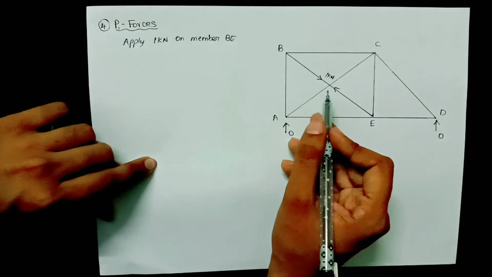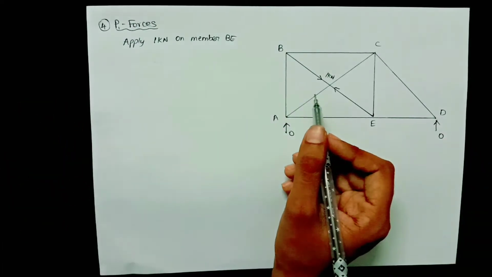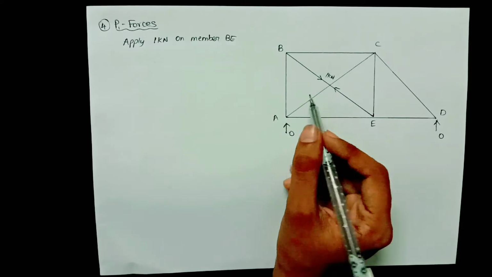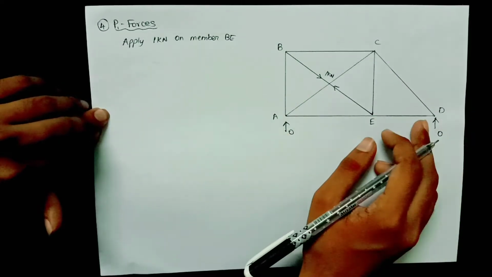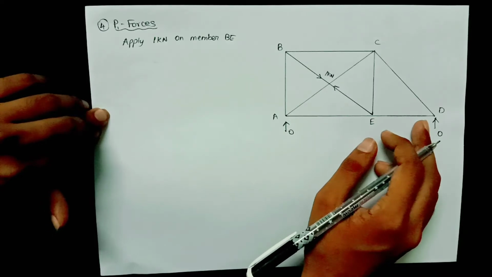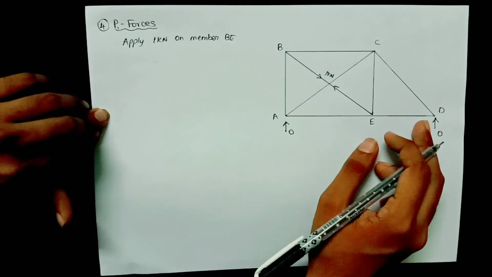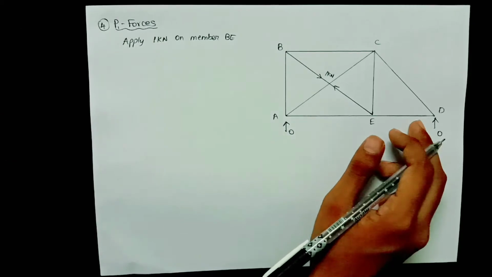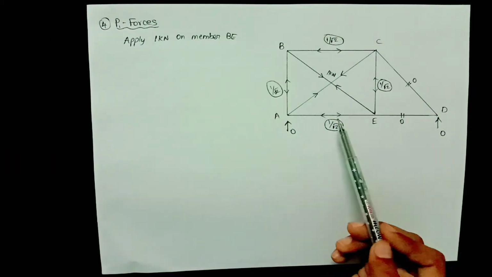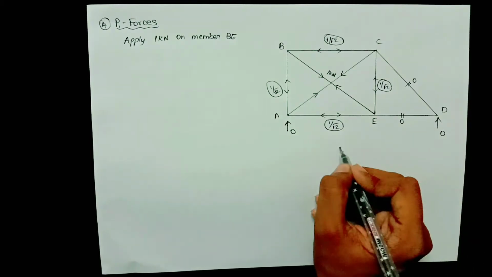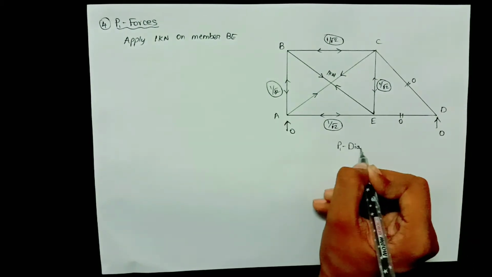Now, as in the third step where we performed the method of joints and calculated the forces in all the members, in a similar manner, starting from joint D, go to each joint, resolve the members in vertical and horizontal directions and find out the values. After analyzing at each joint, these are the forces I have obtained. This diagram is known as the P1 diagram.